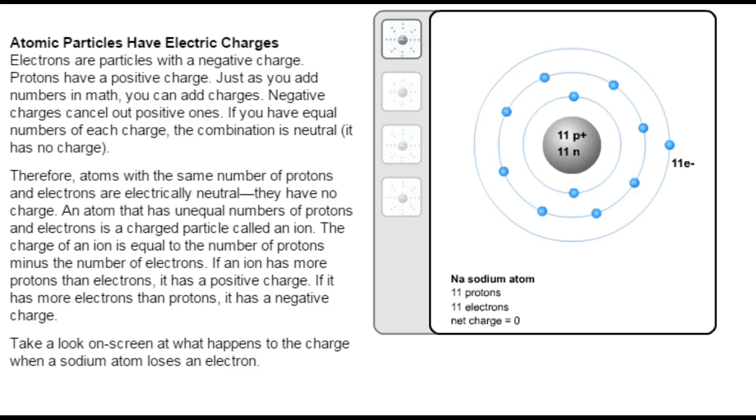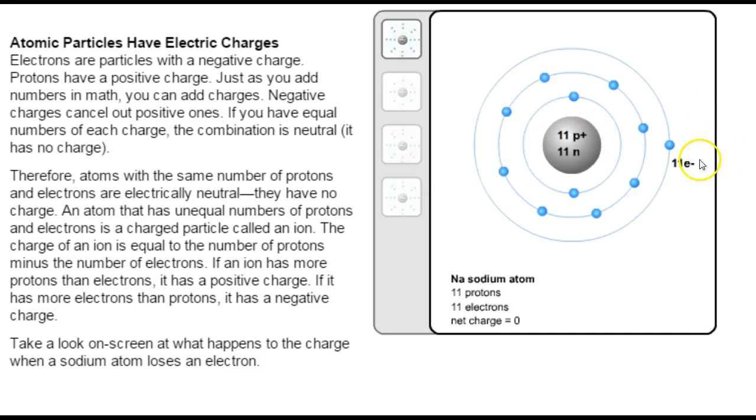They have no charge. An atom that has unequal numbers of protons and electrons is a charged particle called an ion. The charge of an ion is equal to the number of protons in the nucleus minus the number of electrons. If the ion has more protons than electrons, it has a positive charge.